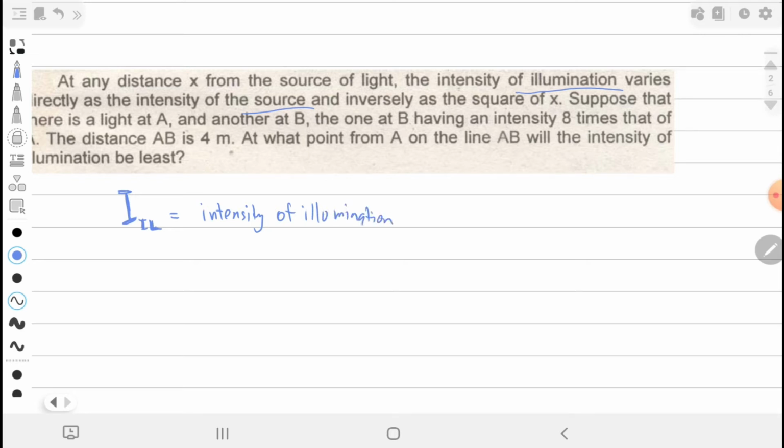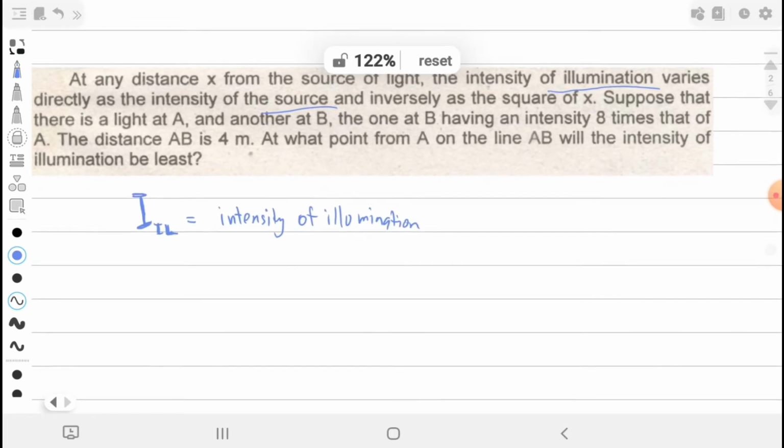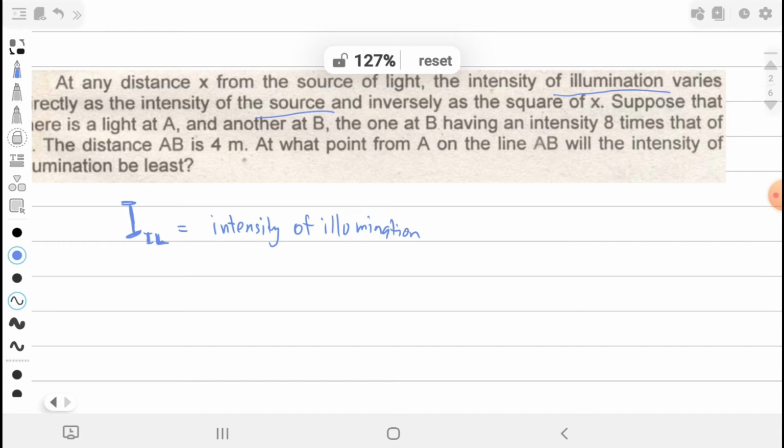Okay? And then, it varies directly as the intensity of the source. So, let's say IS is equal to the intensity of our source. And then, inversely as the square of x, wherein x is the distance from the source.